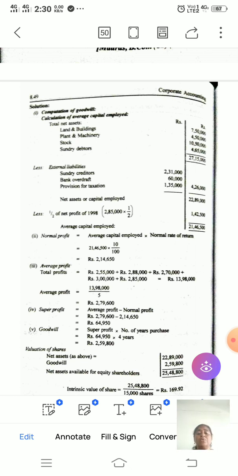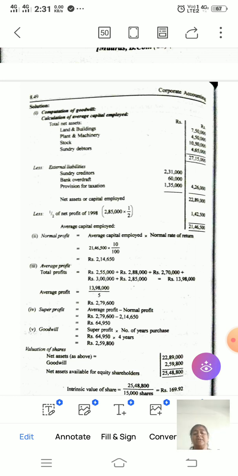So in this problem the 5th year of profit, half of the amount should be deducted here. Then only we can get average capital employed.